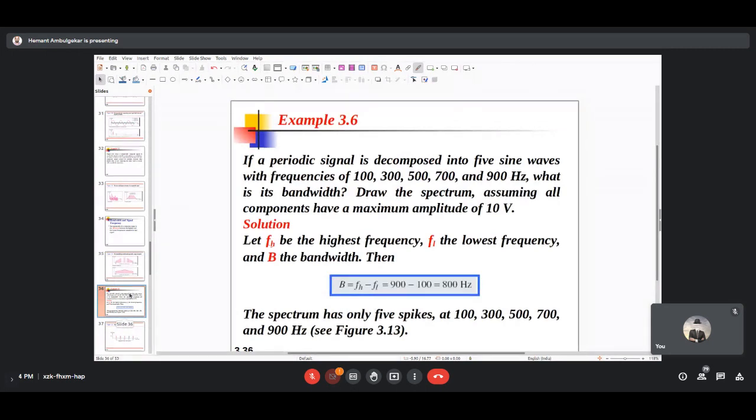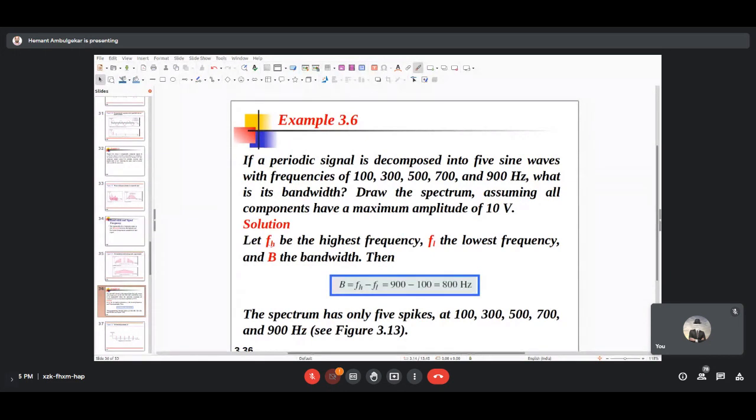Now here is one example. In the example, we have a periodic signal, and this periodic signal is decomposed into 5 sine waves with frequencies of 100, 300, 500, 700, and 900 hertz.